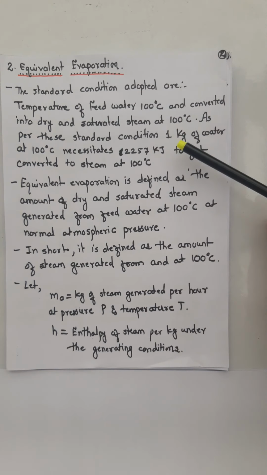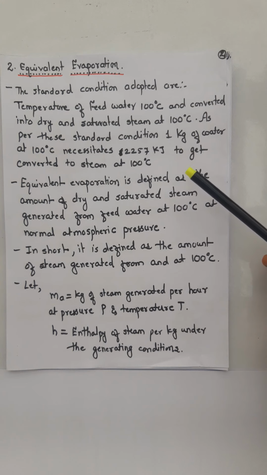Friends, the quantity of the steam generated by a boiler depends on four different parameters such as feed water temperature, working pressure, fuel used and the quality of the steam generated. In practical situation, the different boilers use feed water at different temperatures, they operate at different pressures and they generate different qualities of steam.